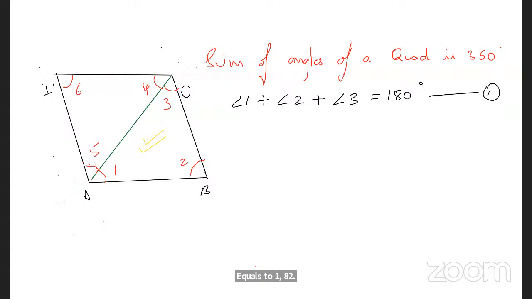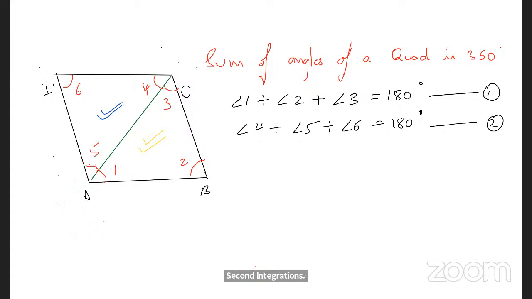Then the second equation is my second triangle, this triangle. In this triangle also, the sum of the angles will be 180 degree. So I can write angle 4 plus angle 5 plus angle 6 equals to 180 degree. This is my second equation.